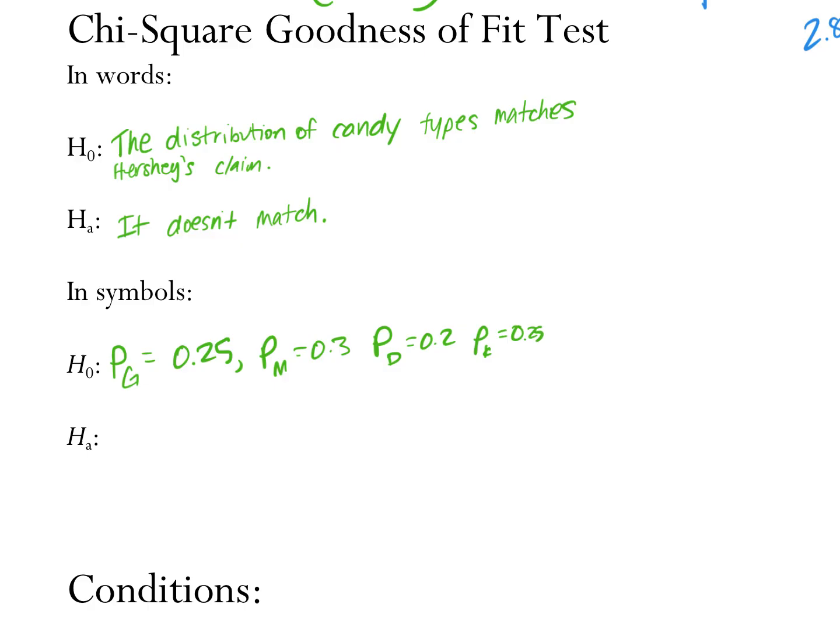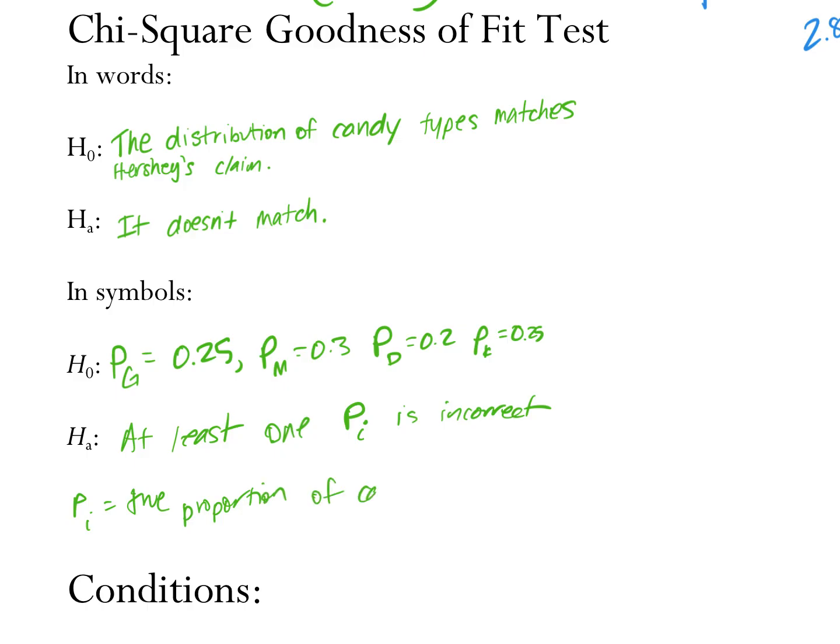If you're going to do it in symbols, you might say at least one P sub I is incorrect, P sub I being the true proportion of candy of that type.